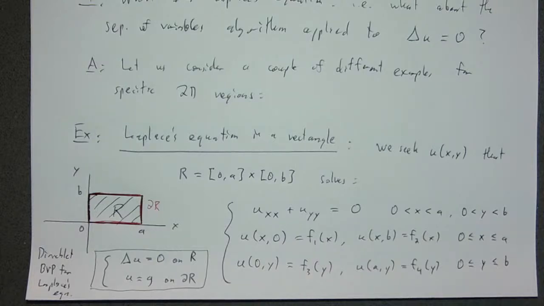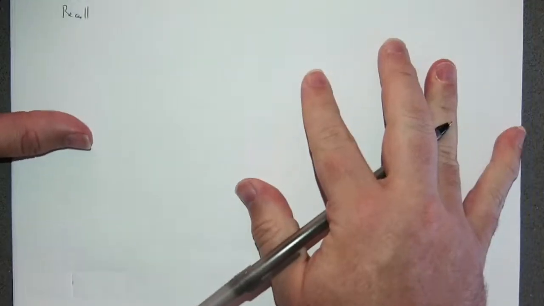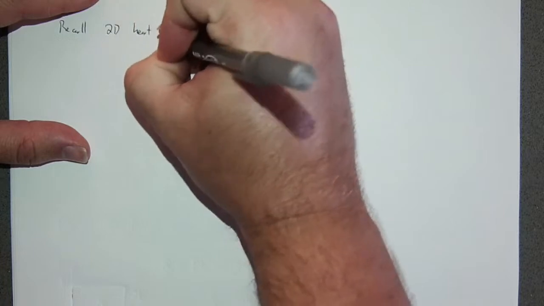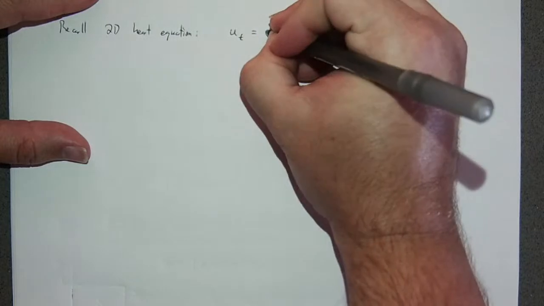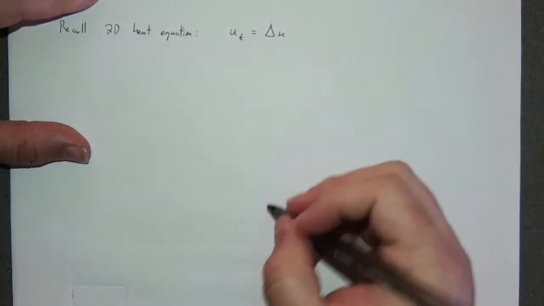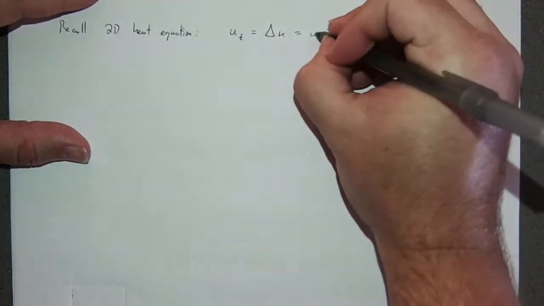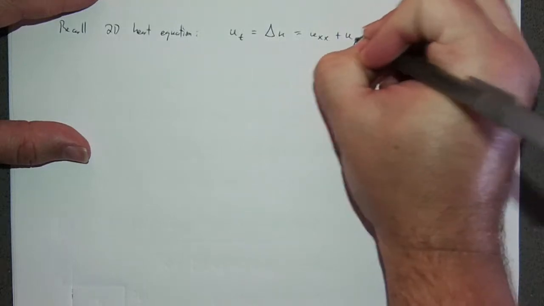If I thought of a 2D heat equation, maybe let's write this on a second sheet. So recall the 2D heat equation: u sub t is equal to Laplacian of u, or in the 2D case, u sub xx plus u sub yy.